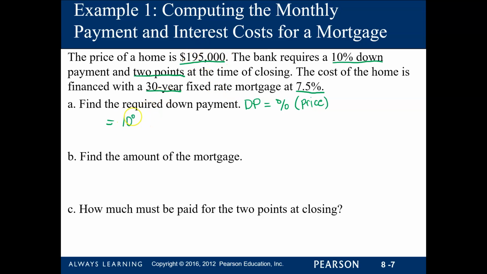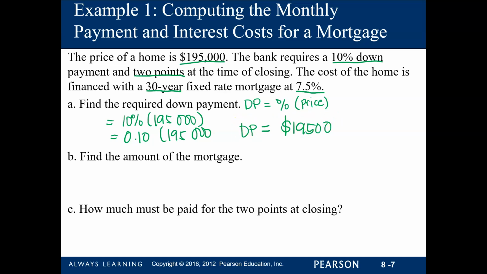So you will have 10% of 195,000, and you know that we have to change this to decimal form. The down payment is going to be 19,500. That is our down payment. The amount of the mortgage is always equal to the price of the home minus the down payment.